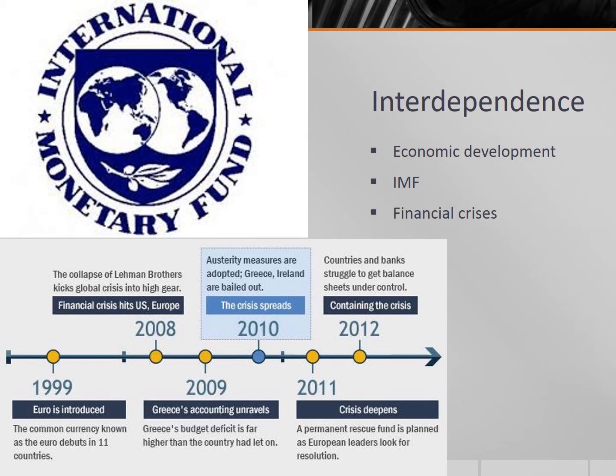As global trade has increased, countries have increasingly relied on one another for many things, leading to a high degree of interdependence. Multinational corporations like Apple, Microsoft, and Nike, among many others, have investments and operations in many countries of the developing world.